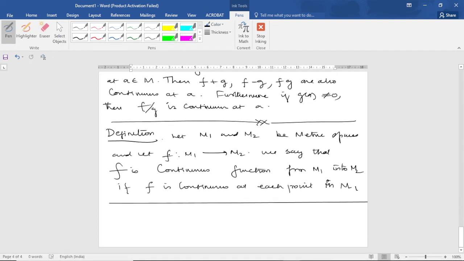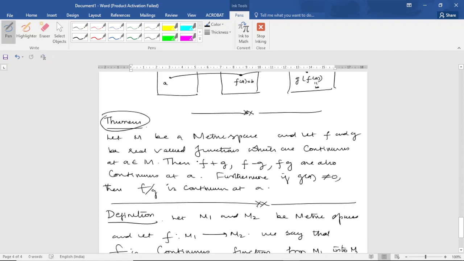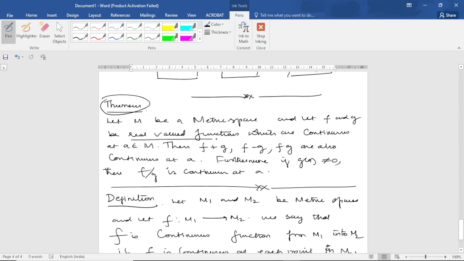Anything they can ask in the examinations. Accordingly, you have to write the proof. So what is the change? Instead of continuous at a point A, we have to write the new theorem: f and g are real valued functions from the metric space M1 to the metric space M2. So here we have used the word real valued functions.